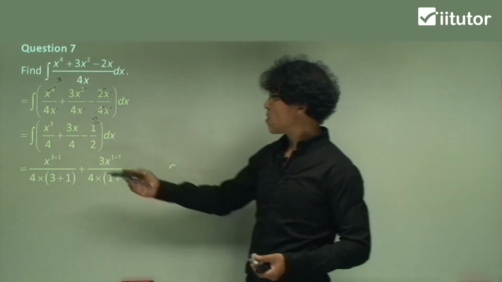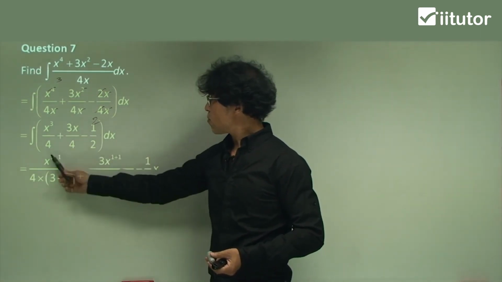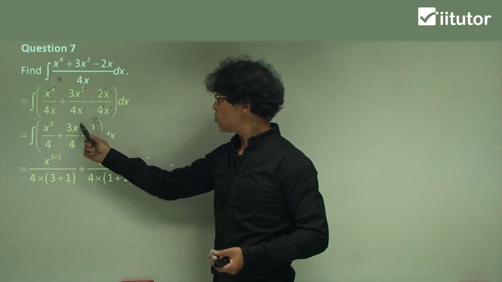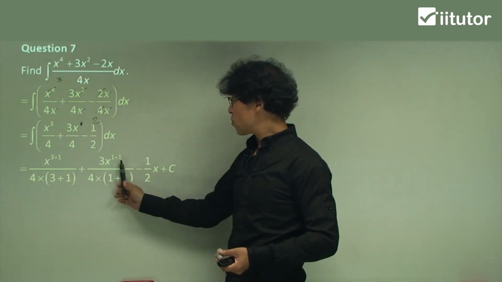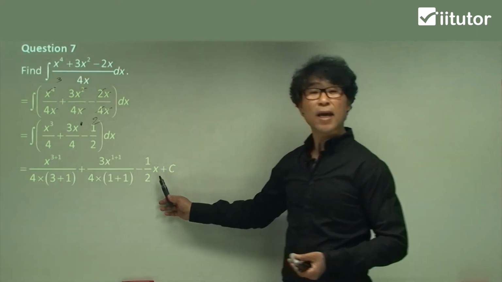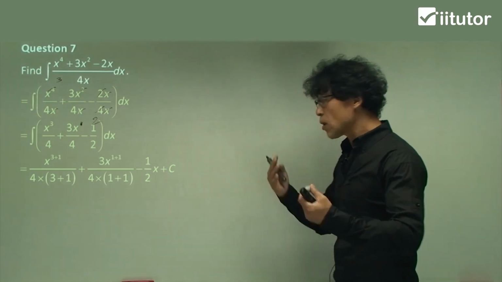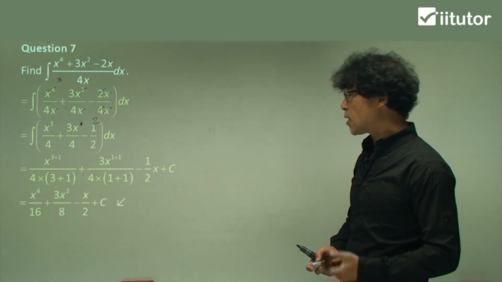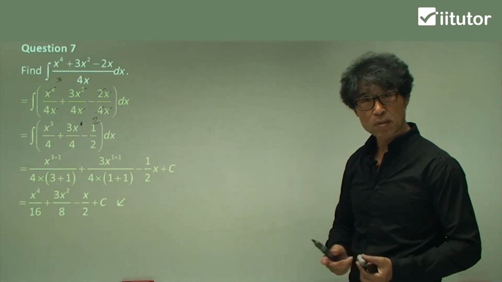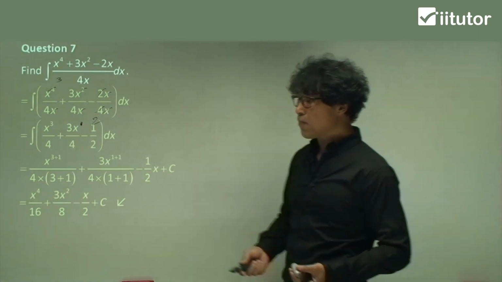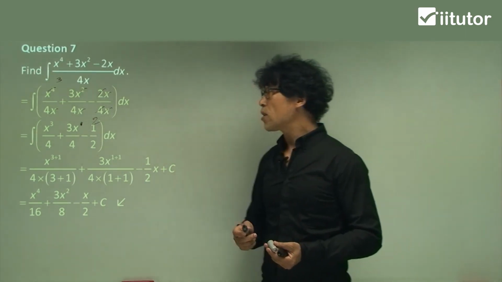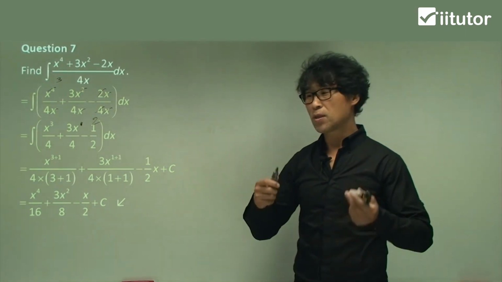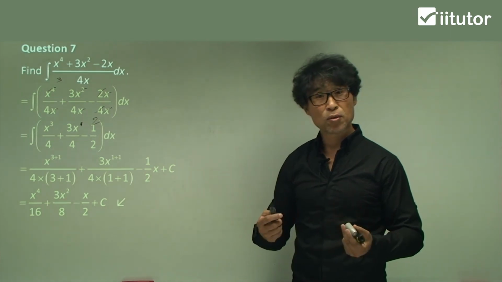What's plus 1? 3 plus 1, 3 plus 1. So that used to be 1, so 1 plus 1, and a half. You just add x on top of the existing coefficient and simplify. So that's what we are looking for. Does it make sense, everyone? Everything is regarding the plus 1 formula, which is the basic integration formula.